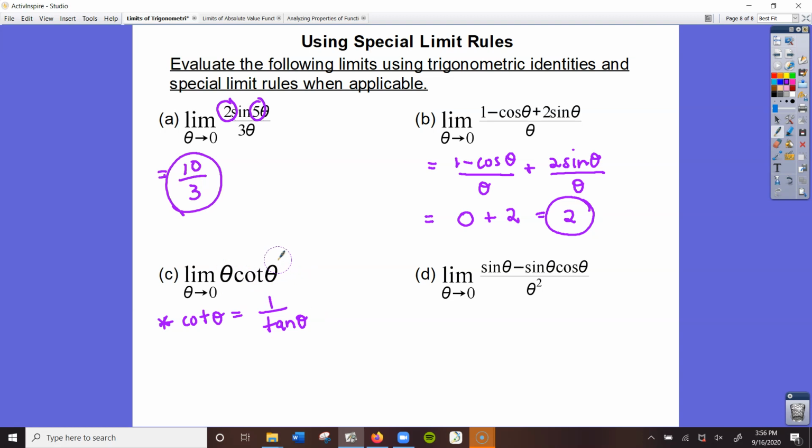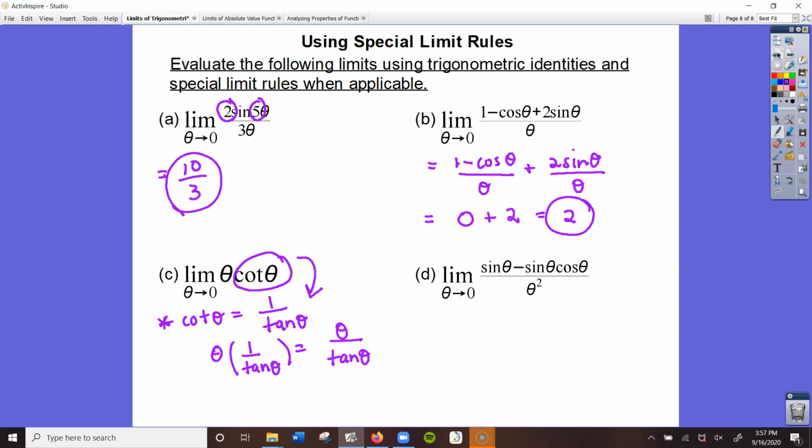So I'm going to replace this cotangent theta with 1 over tangent theta. And that would give me theta times 1 over tangent theta, which is the same thing as theta over tangent theta. And this is my special limit.